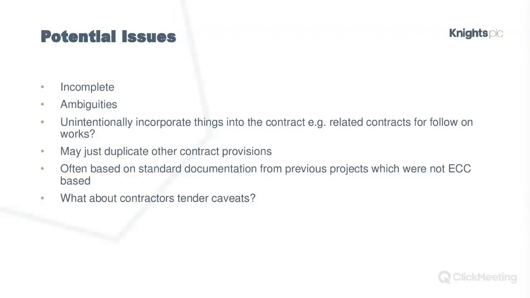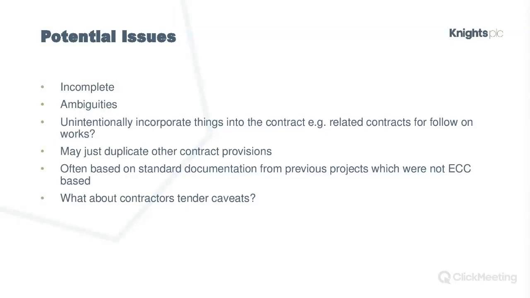If the employer's consultant has just picked a JCT scope of work off the computer, deleted the project specific information and inserted project specific for this project, they haven't prepared this for an NEC form of contract. They've prepared it for a JCT form of contract. That's fairly common.